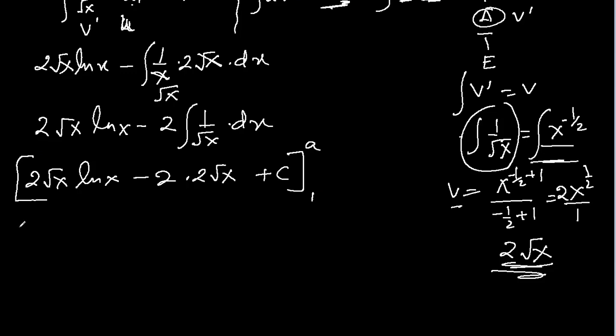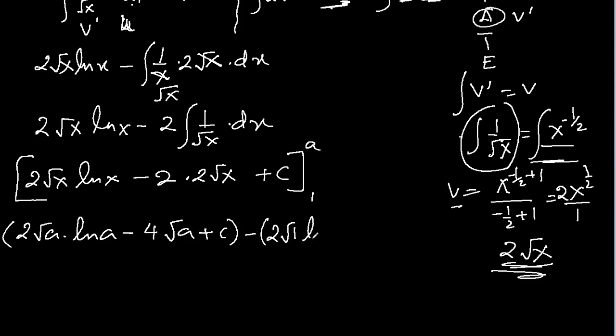Alright, let's substitute a first. 2 square root a ln a minus 4 square root a plus c minus 2 square root 1 ln 1 minus 4 square root 1 plus c. This plus c should cancel first because they are constants and there is a negative in between, so we can ignore them.